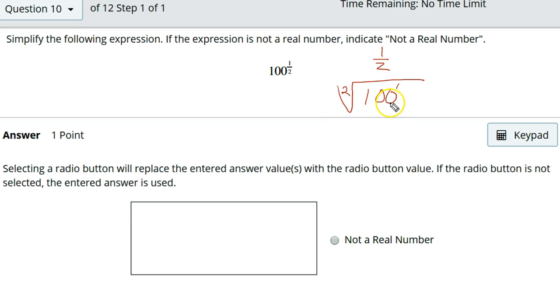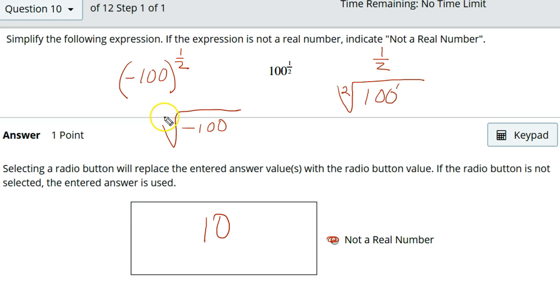So this is just the square root of 100, which is 10. Now, if they had something like this, negative 100 to the 1/2 power, that would be not a real number, because that would be then the square root of a negative 100. And with an even number index, you can't have a negative under the radical and have it be a real number. All right, little review.